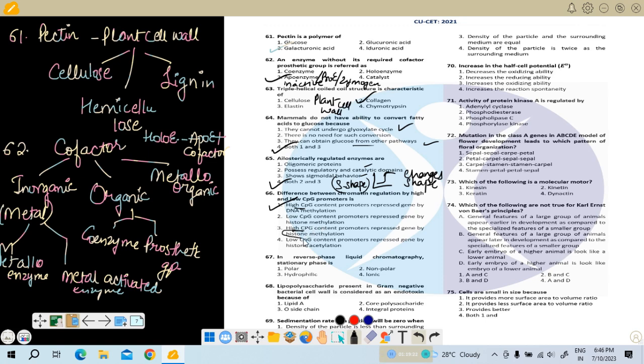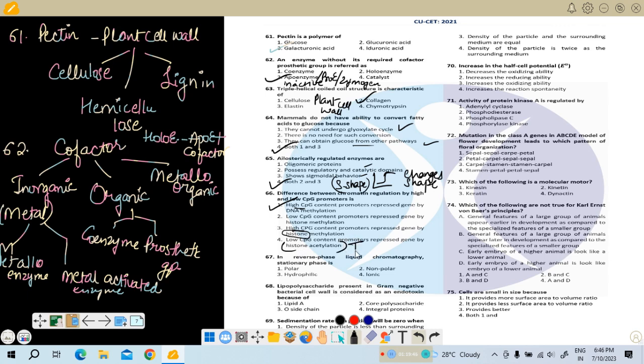Histone methylation is nothing, we have read about DNA methylation. Then second option, low CpG content repressed gene by histone. Again histone word is there. Now fourth option, low CpG content promoters repressed gene by histone acetylation.